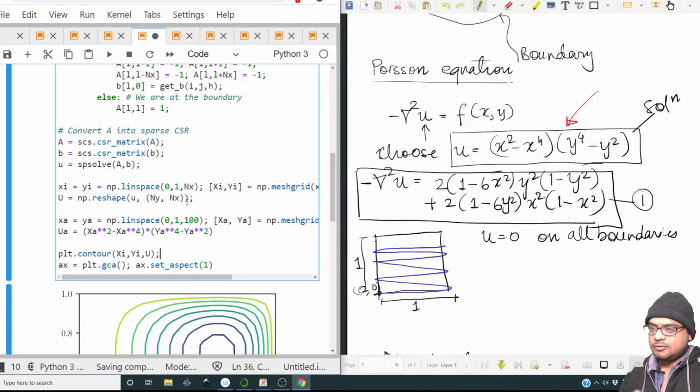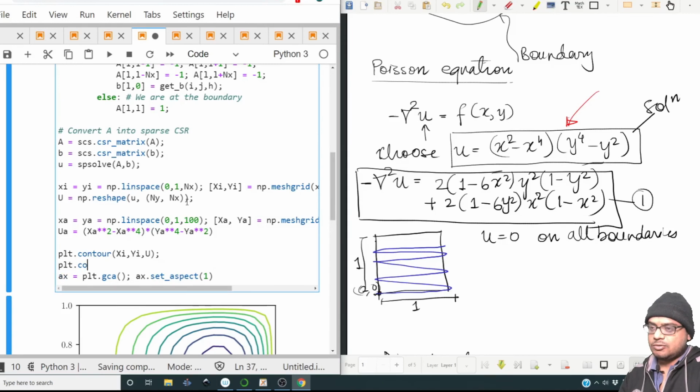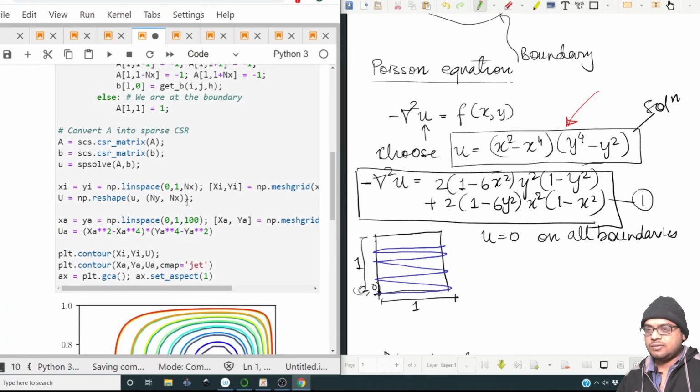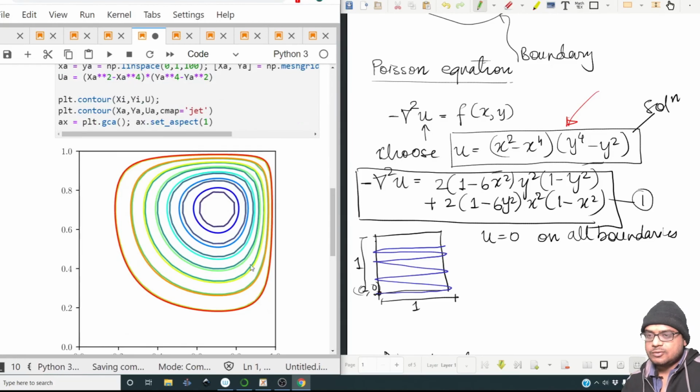So then we'll also do plt dot contour xa ya ua cmap equal to jet. All right, so there are two color maps. One is the jet and this, and they do appear to be quite close.